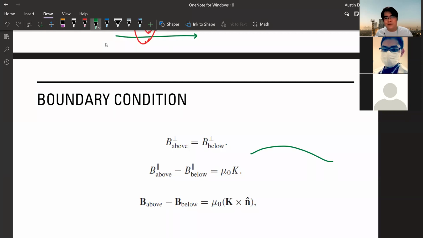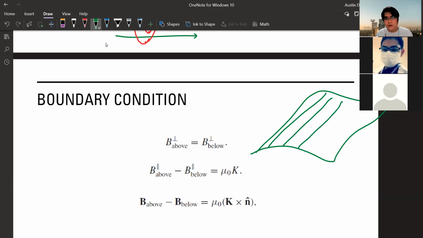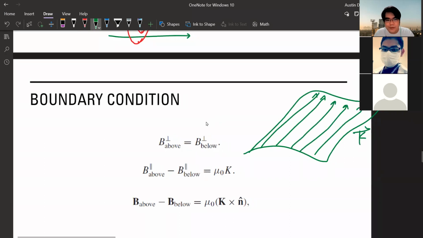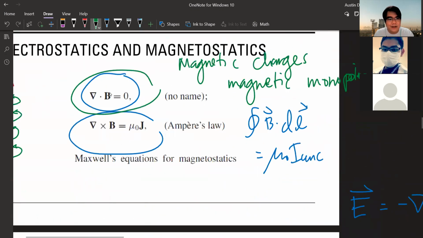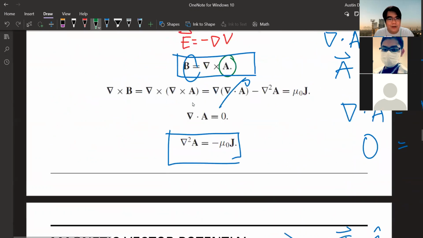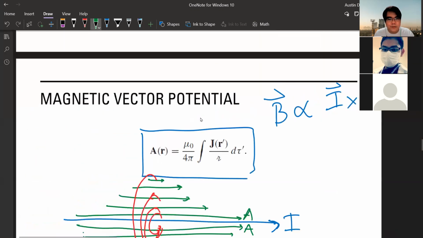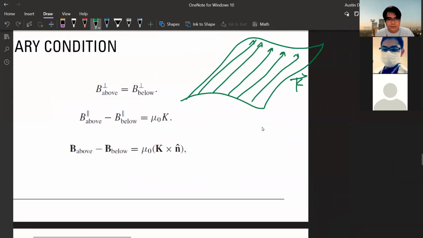So whenever you have some surface na merong surface current K, then what happens? Gamitin natin yung mga facts natin. Del dot B is equal to 0. Okay?